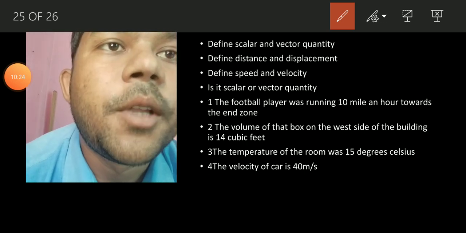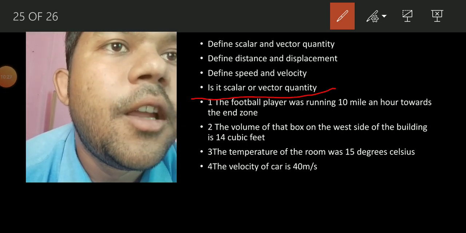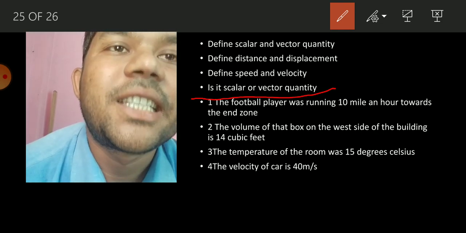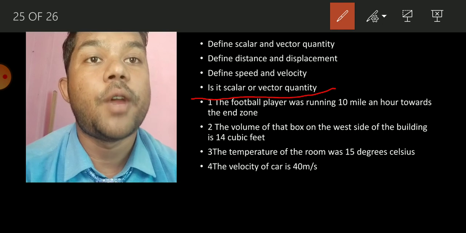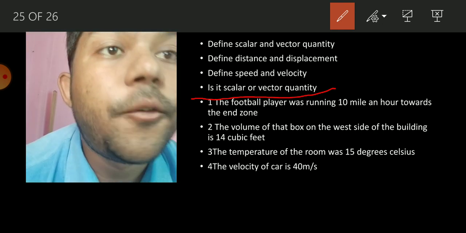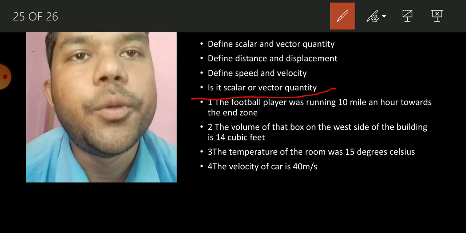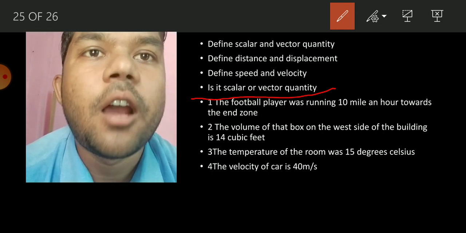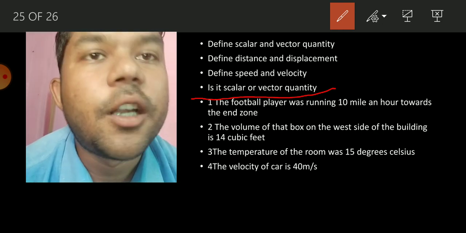I have given some questions to identify whether it is a vector or scalar quantity, with the reason. Question number 1, the football player running 10 miles an hour towards the end zone, whether that is a scalar or vector quantity. If it is scalar, why? If it is vector, why?